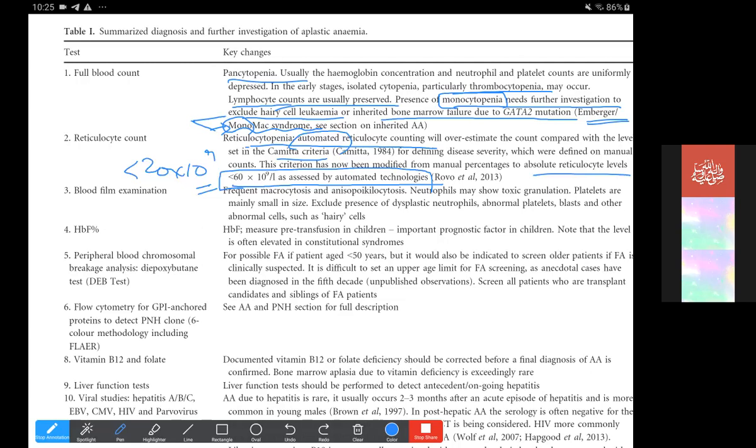Actually, in the original Camitta criteria, they had mentioned it as 20, but now it has been modified from manual percentage to absolute reticulocyte levels of less than 60 by automated technologies.